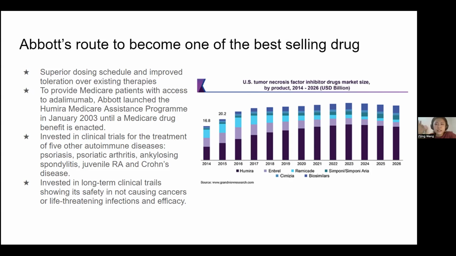They have their drug covering a lot of diseases, and they can earn money from prescribing Humira for a wide variety of patients, not limited to rheumatoid arthritis. They also invested in long-term clinical trials. Lots of other companies don't do that because it costs money.